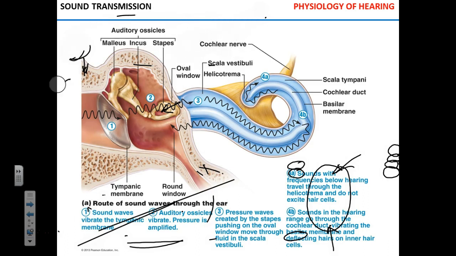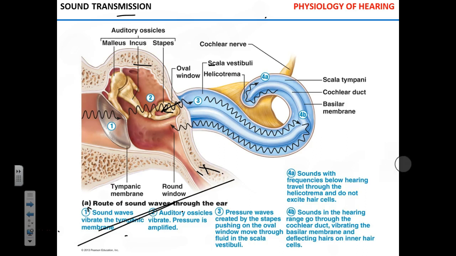In order to understand the physiology of the sound perception, we need first to figure out how sound travels through the ear. Okay? How does sound enter the ear? Through what? You start like in the middle.